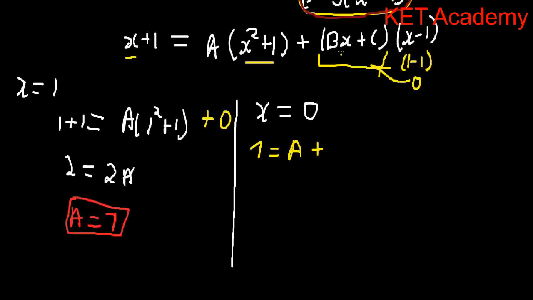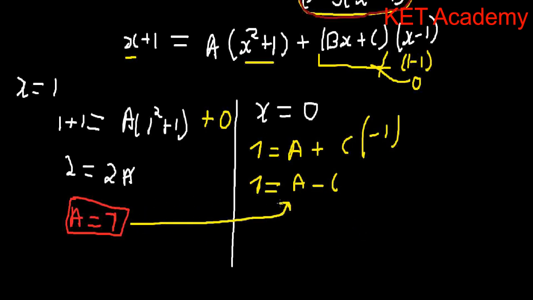Now plus, putting 0 here, we get 0 plus c, which gives us c, and putting 0 here, we get 0 minus 1, which is minus 1. So we have 1 equal to a minus c. But what do we know? From here a is 1, so we simply substitute there, and we get our c.